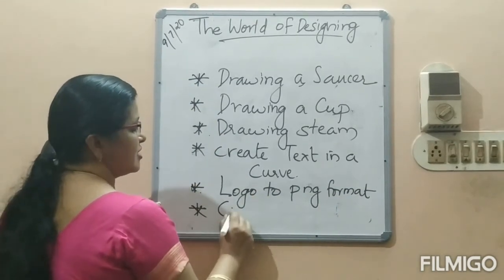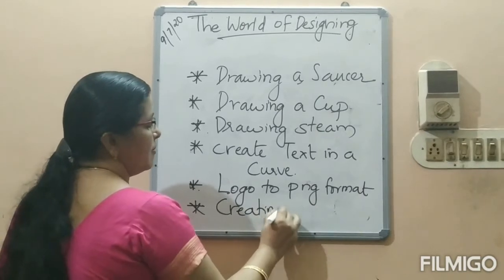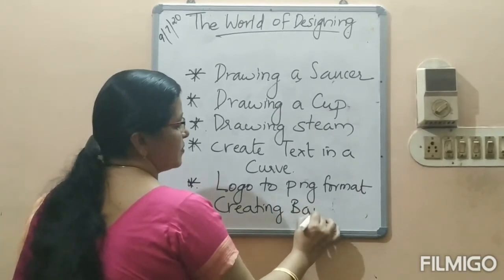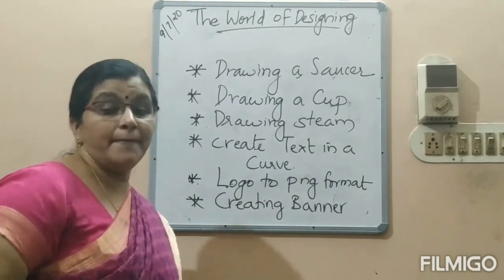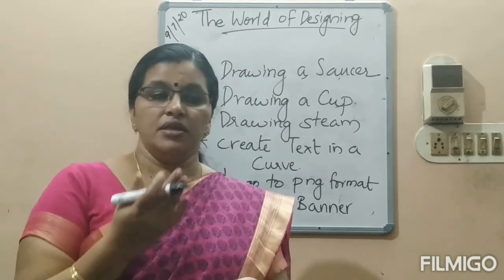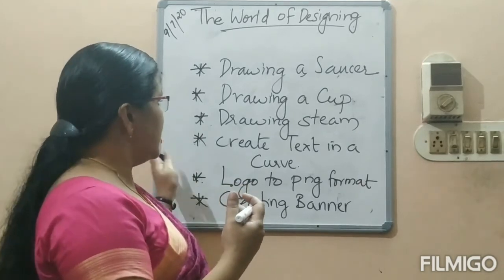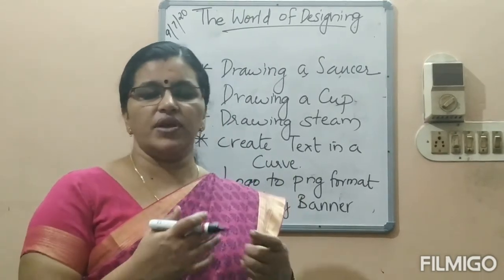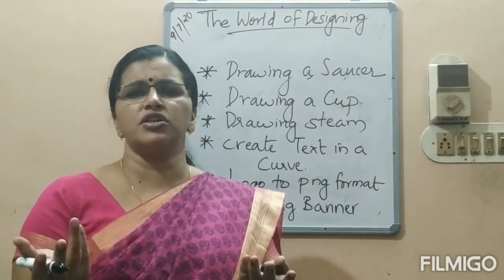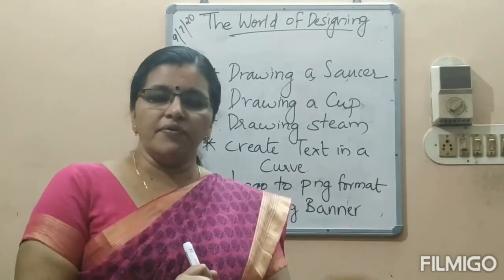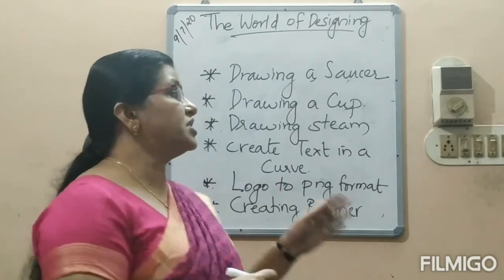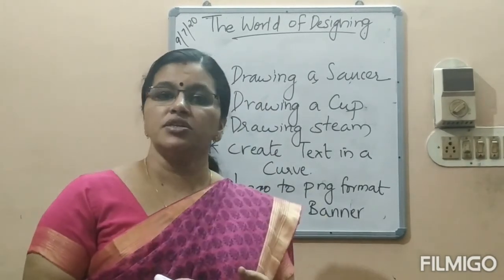Then the last is creating the banner. We will group all these and create the banner. Okay. You have to handle these 6 activities. Very easy to learn because we have learned all the features. Today we will be learning the first activity, that is drawing a saucer.